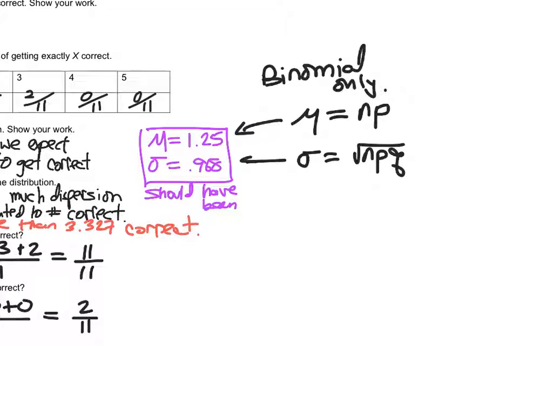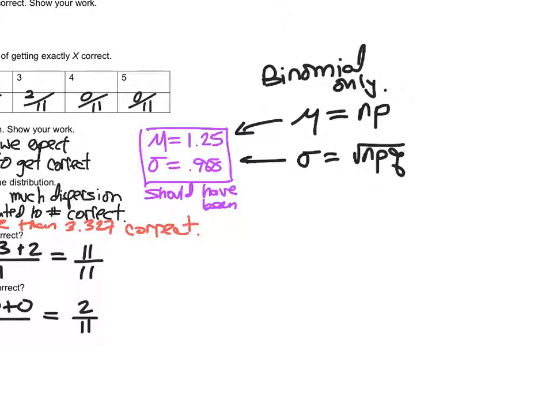My probability of success is 1/4. I just realized I was blocking the view of half the class by sitting there. So 5 times 1/4, 1.25. Now for the sigma, I would multiply that by 3/4, the probability of failure, and then take the square root. And I get my 0.968, all right?